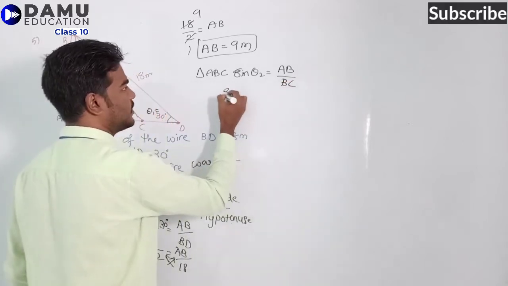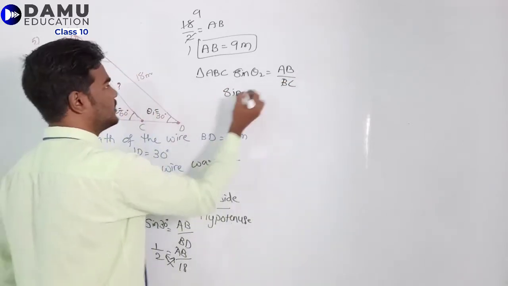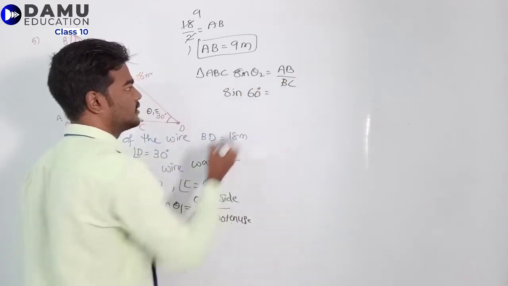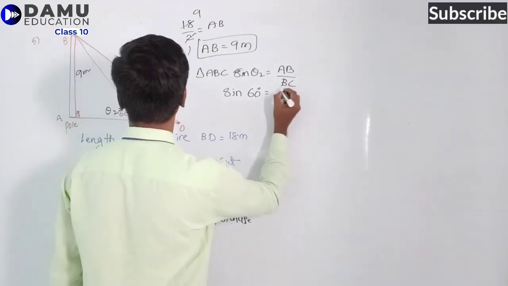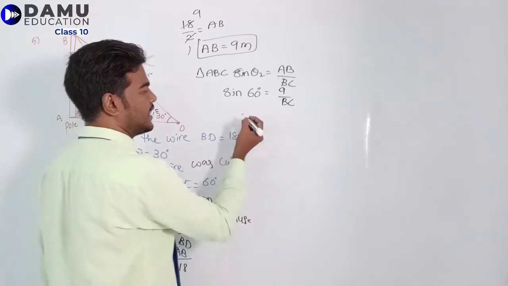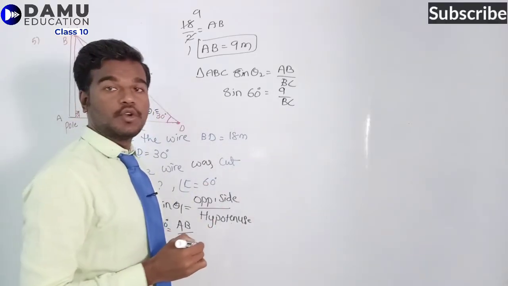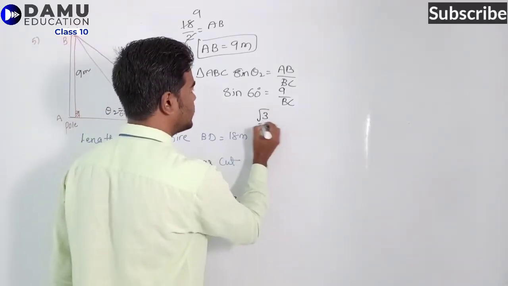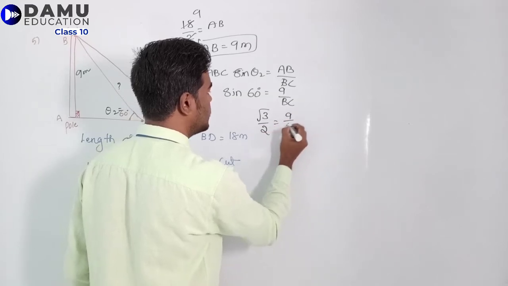So sine theta 2 is 60 degrees. Sine 60 degrees will be equal to AB by BC, that is 9 by BC. Sine 60 degrees is root 3 by 2, so root 3 by 2 will be equal to 9 by BC.